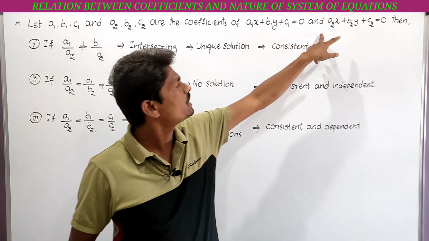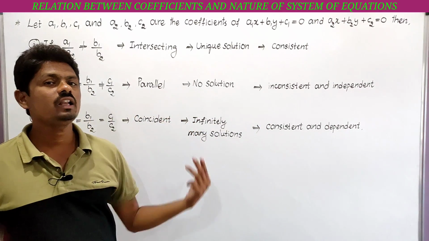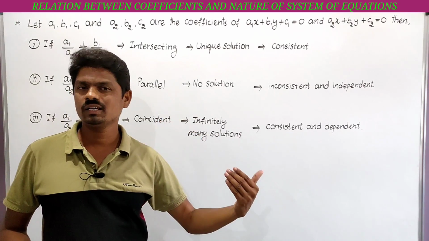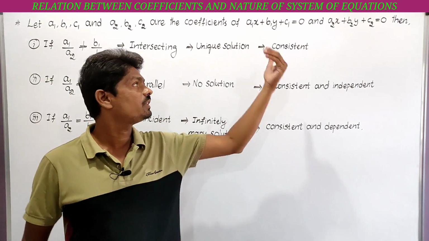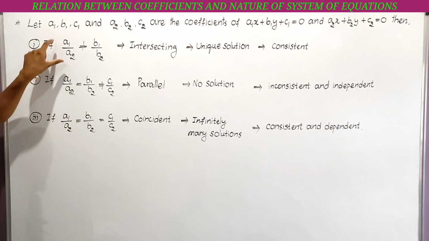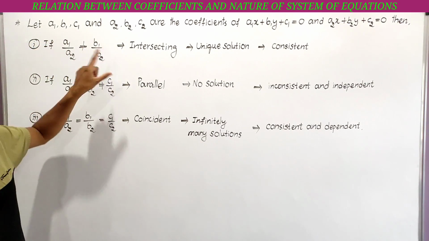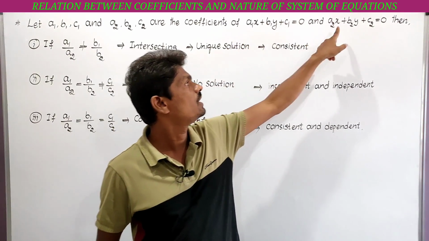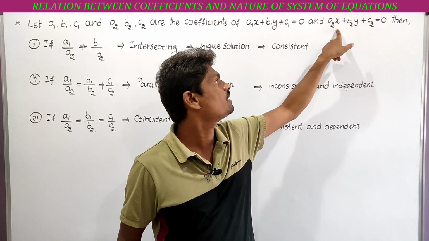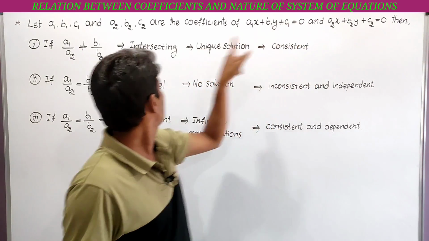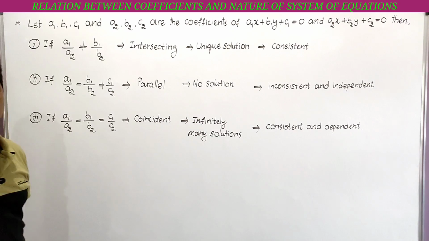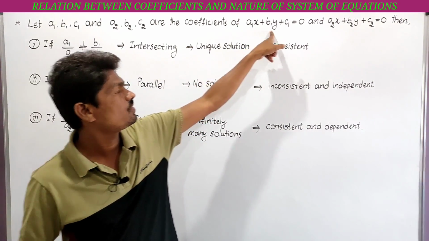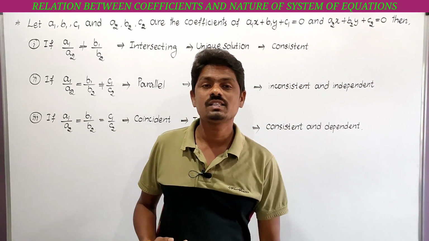So if these two are the given equations, how do we say whether they are consistent, inconsistent, intersecting, parallel or coincident? Let's see. If a1 by a2 is not equal to b1 by b2, what is a1? a1 is the coefficient of x variable in the first equation, a2 is the coefficient of x variable in the second equation. b1 by b2, b1 is the coefficient of y in the first equation, b2 is the coefficient of y in the second equation.